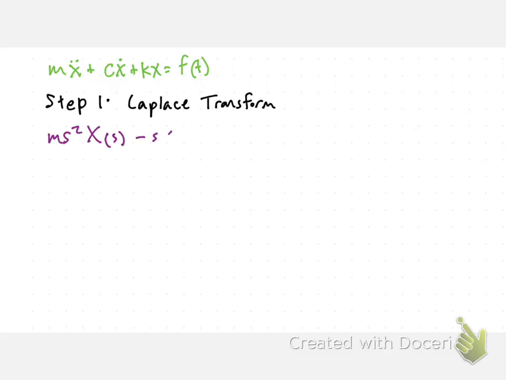So let's take that governing ordinary differential equation, and first step to solve through a Laplace transform would be to take the equation, put it in the Laplace domain. And we can go ahead and do that.